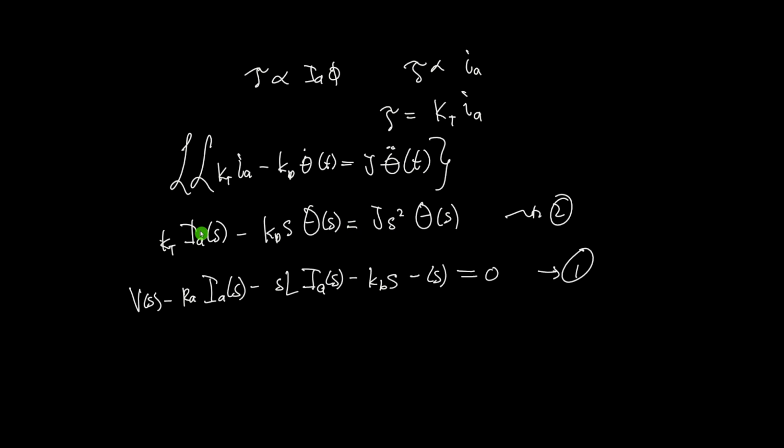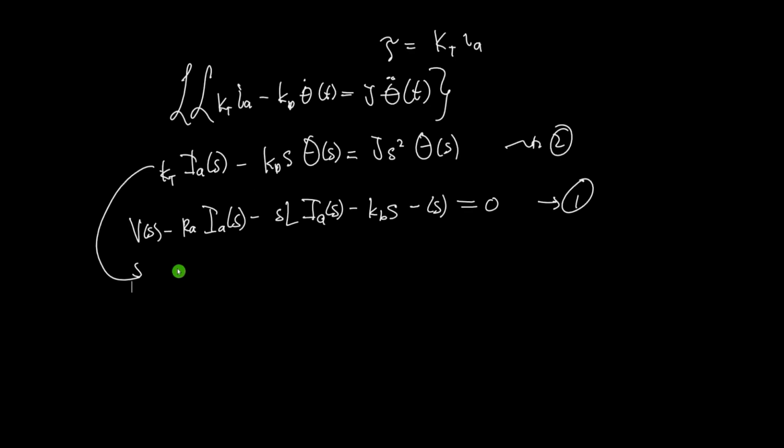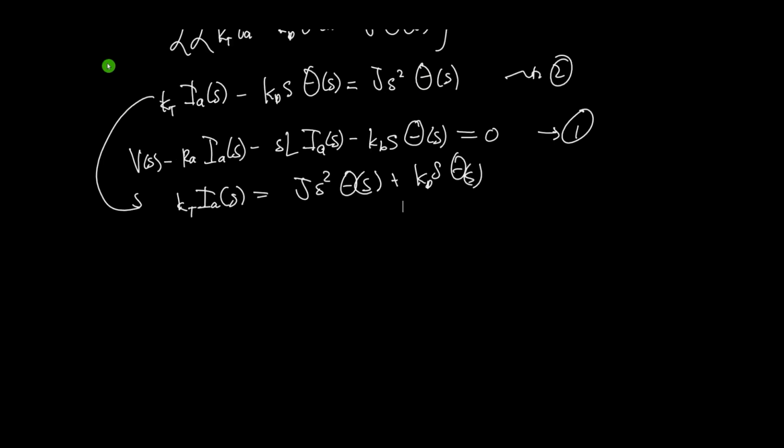So I can solve for I_a in equation 2 and substitute that in equation 1. So from equation 2, KT I_a will be equal to J s squared theta of s plus KD s times theta of s, and solve for I_a.